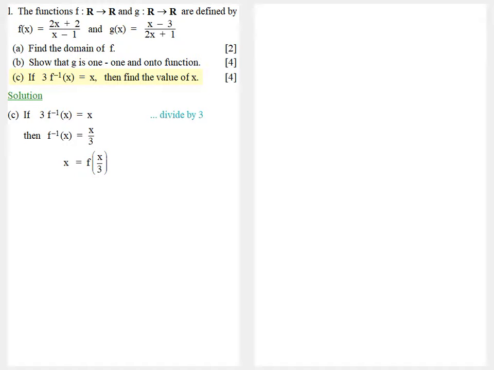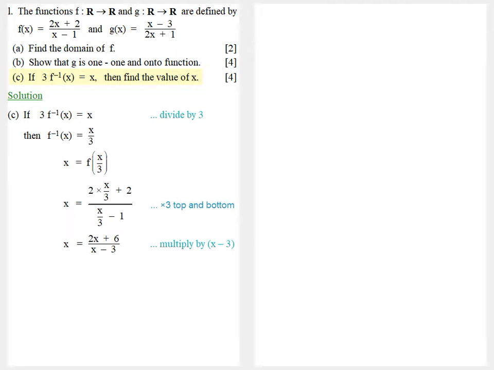Now if we take the function of both sides, that gives us x equals f of x over 3. So x is equal to 2 times x over 3 plus 2 all over x over 3 minus 1. Now, if we multiply the top and the bottom by 3, we'll get x equals 2x plus 6 over x minus 3.